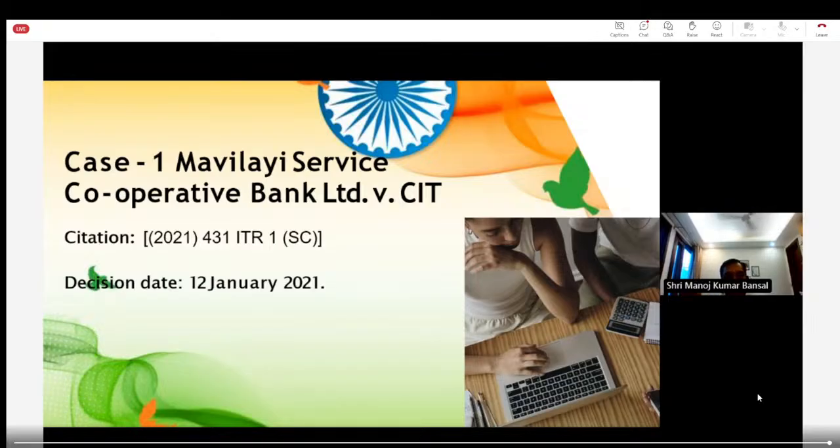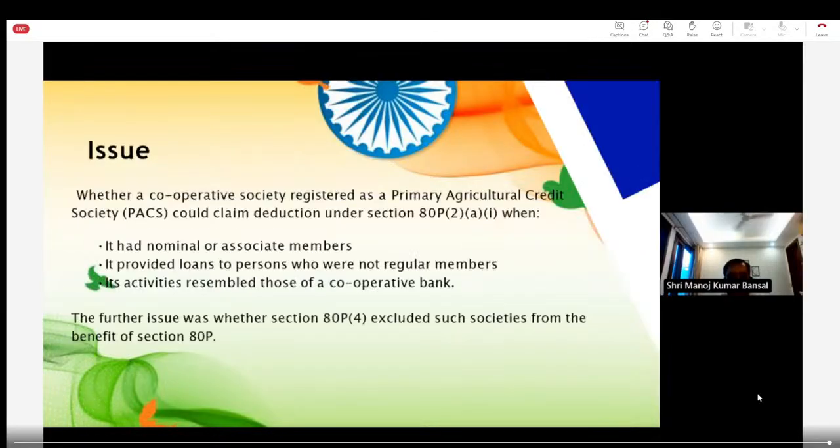The date of decision is 12th January, citation number 2021 431 ITR 1. The issue is whether a cooperative society registered as a primary agriculture credit society could claim deduction under section 80P(2)(a) when it had nominal or associate members.